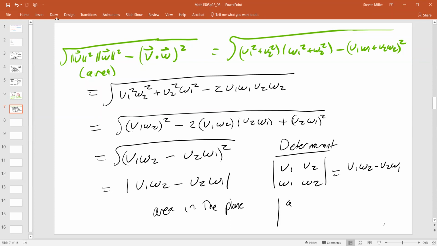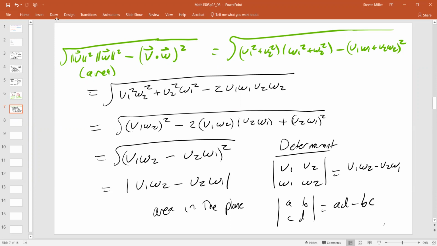Or typically, if I give you A, B, C, D, the determinant is going to be AD minus BC. I can define anything I want. The question is, when am I defining something that's useful? I'm defining the determinant of a 2x2 matrix to be the product of the two things on the main diagonal minus the product of the two things on the opposite diagonal.